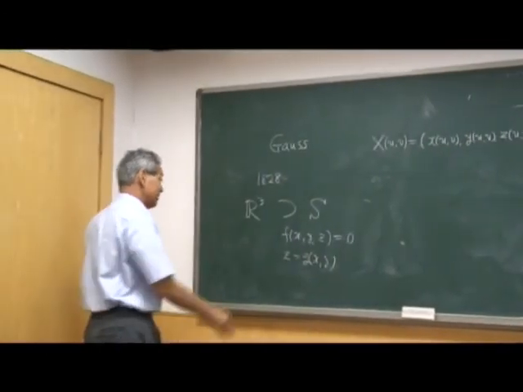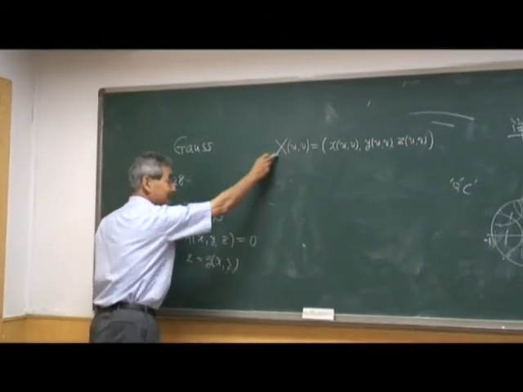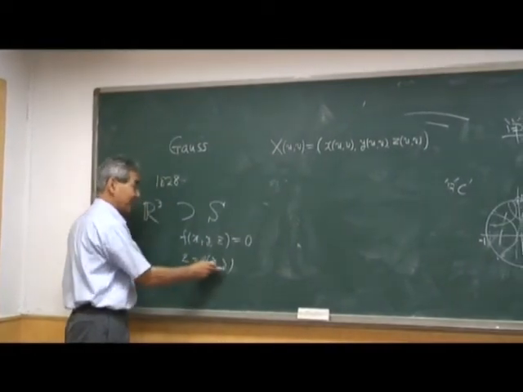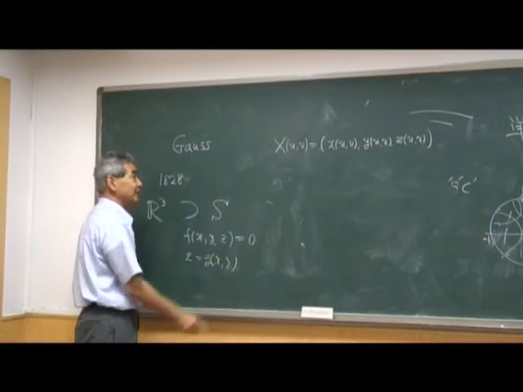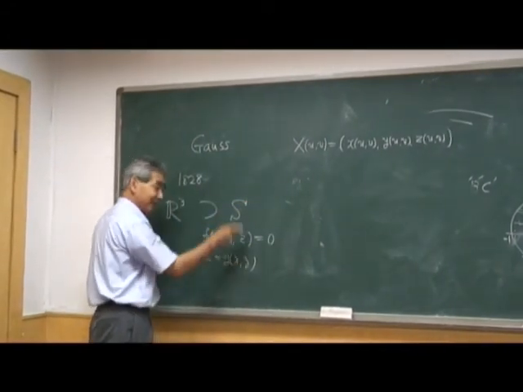The graph is a very special case of this parameterization, because you can use x and y for u and v: x is x and y equals y, and z is given by g(x,y).